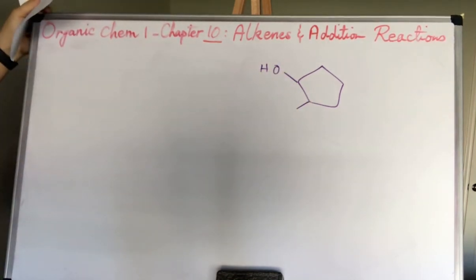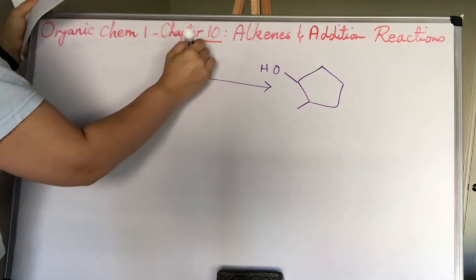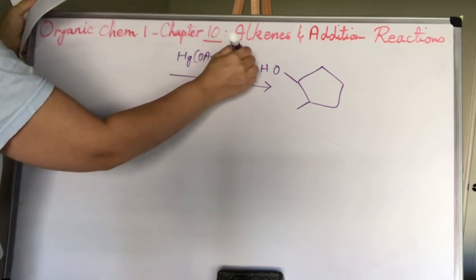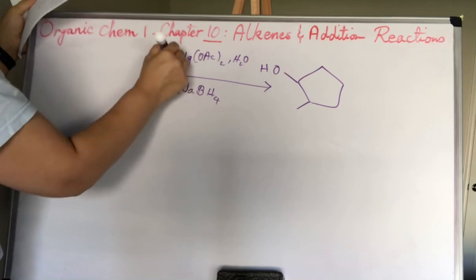So we want to find out what alkene we need to prepare this alcohol by oxymercuration. So we need to know the facts about oxymercuration. First of all, these are the reagents.